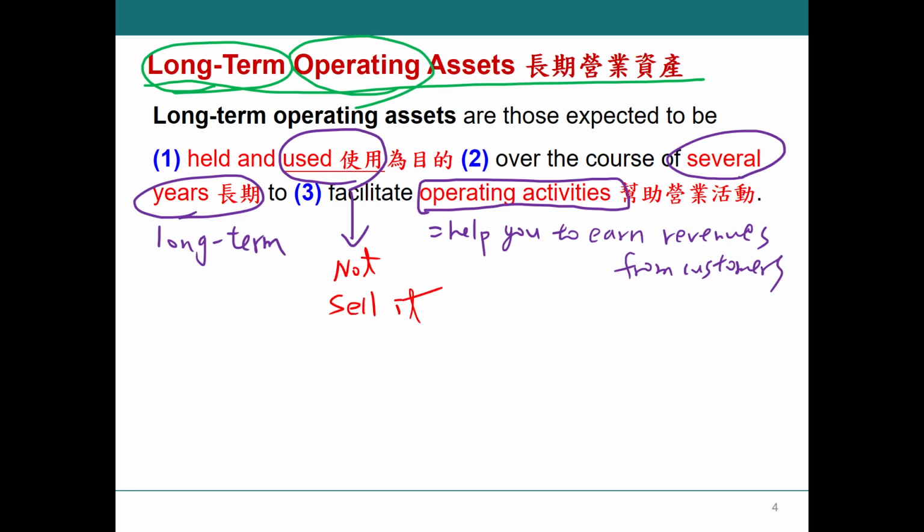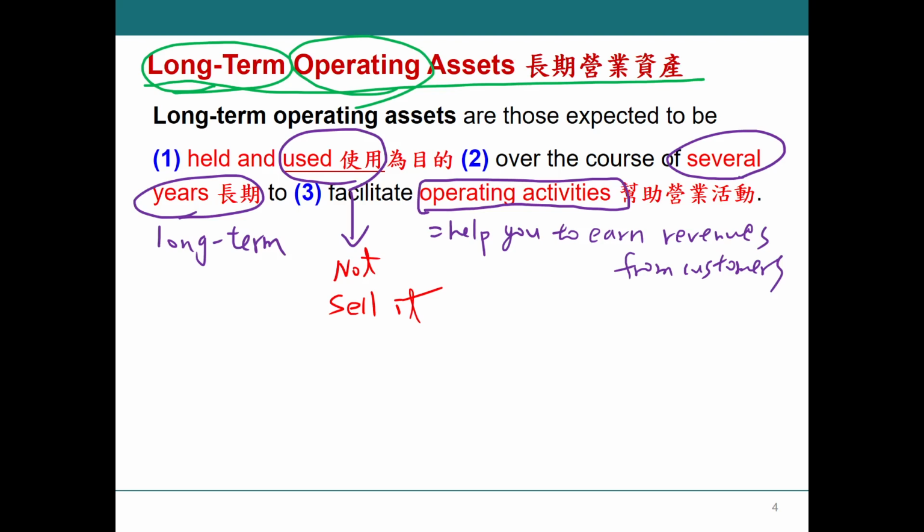So anyone could tell me what kind of asset our purpose is to sell it, not use it? So far, we've learned not many assets, right? Inventory, receivables, and here, long-term operating assets. So what kind of asset is our only purpose to sell it? Anyone?